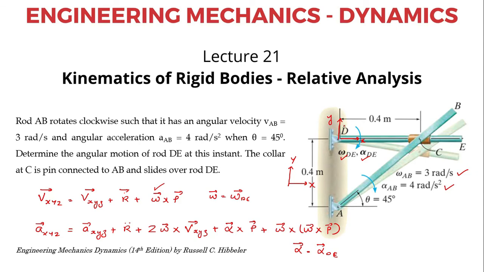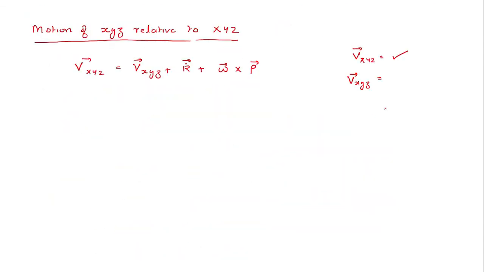So with respect to small xyz, my velocity vector will be equal to V small xyz magnitude multiplied by I dash, where the corresponding I dash vector is with respect to small xyz.